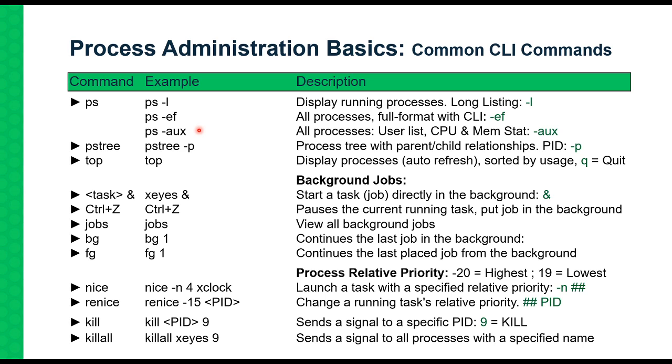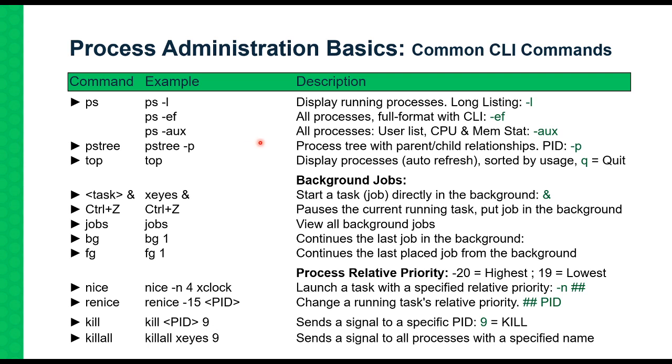Then the next command, we've got ps -aux. That will also display all processes, but with that we get a user list, meaning which user is running this process, with the CPU and memory stats for each process. That's ps -aux. Then we can also have a look at the complete process tree. That's where the parent and child relationships are defined for our processes.